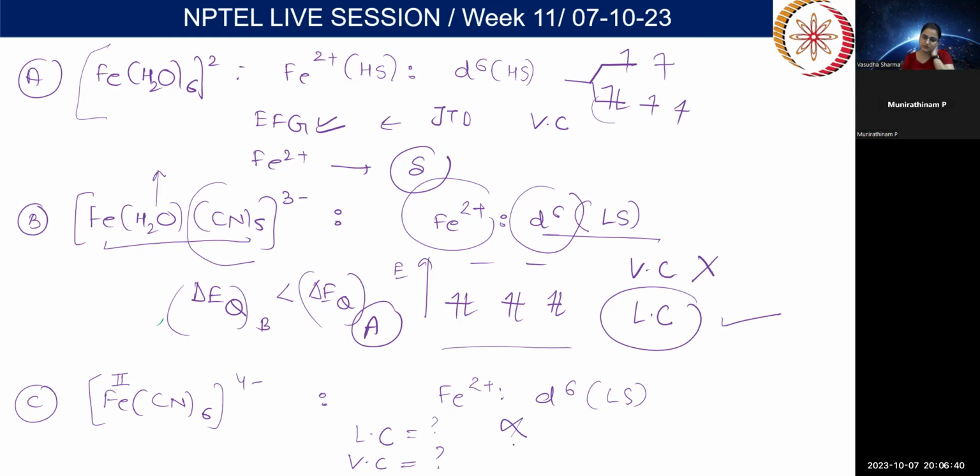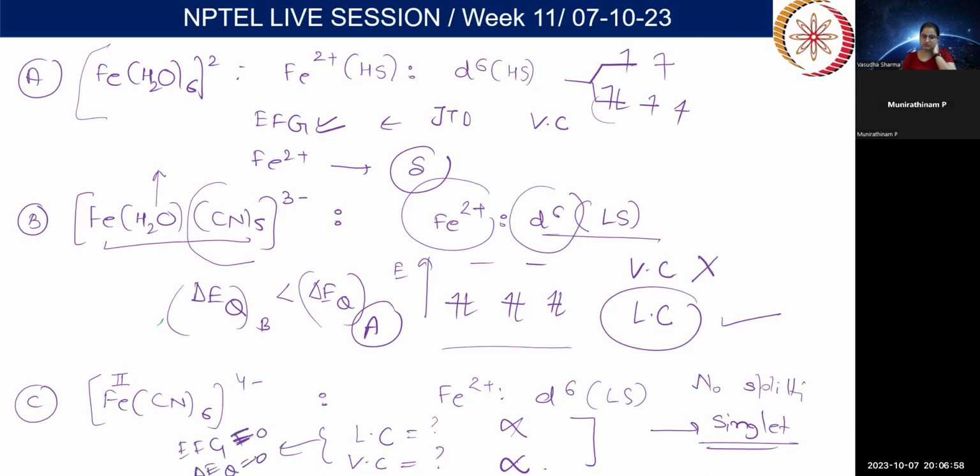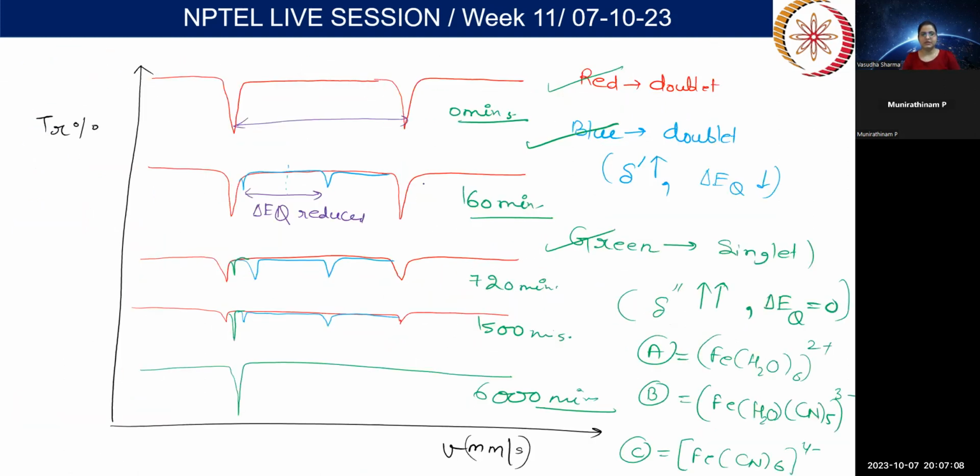Valence contribution also not available. So that's why we only saw a singlet. One peak was there, there was no splitting. When these factors are not there, EFG is 0 and delta EQ is also 0. That's why this one is the red trace, this is blue, and this is green, which is clear from the spectra. The red one is having more delta EQ.